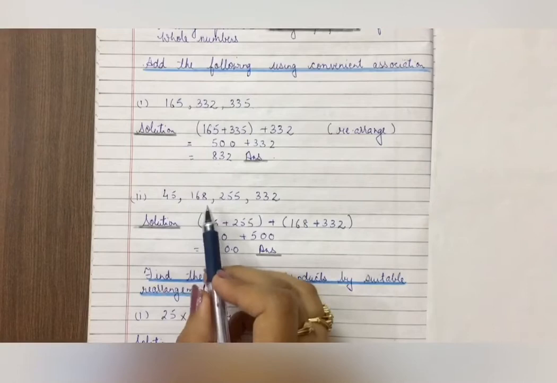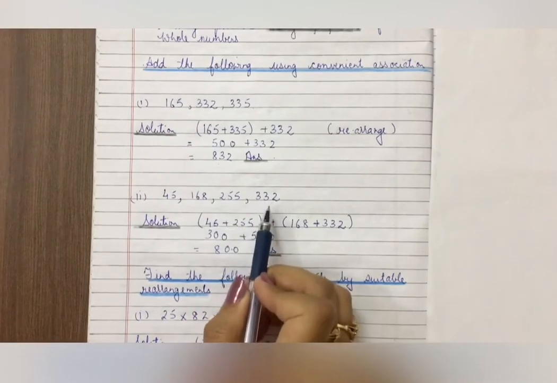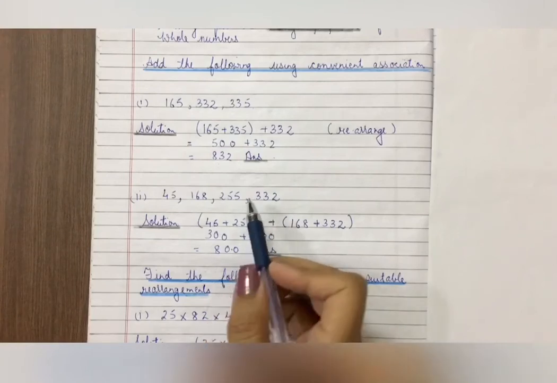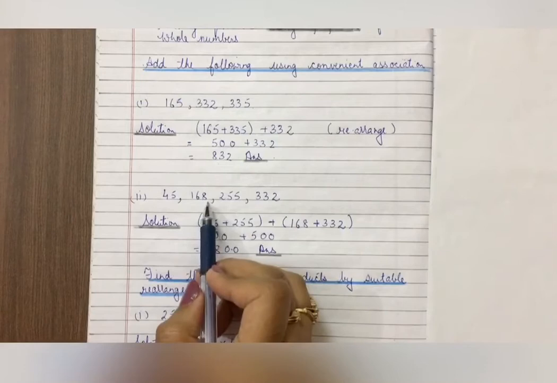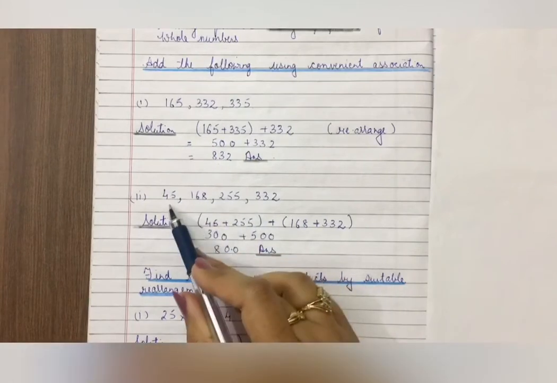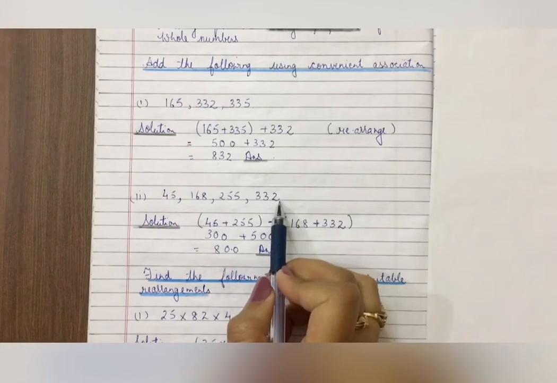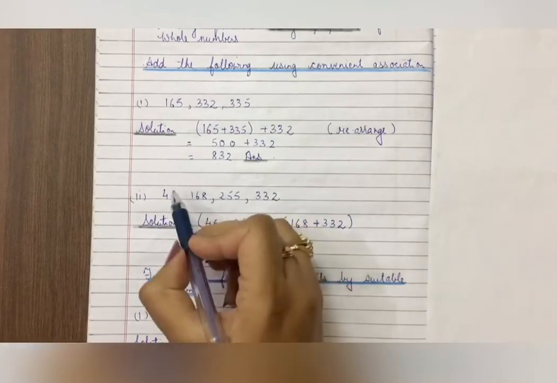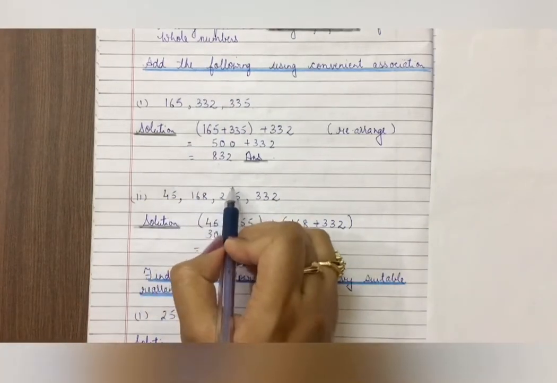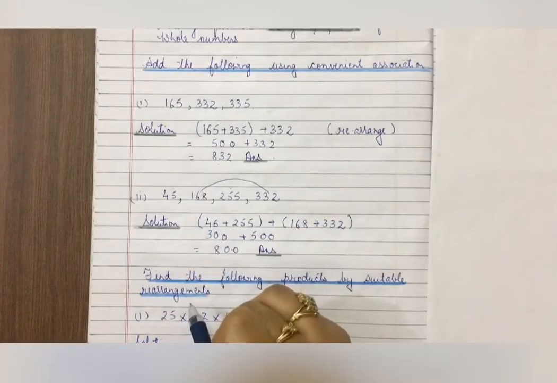I have taken up another example, 45, 168, 255, 332. Now if you see in this question, if I add 5 and 8, I will be getting a 3 as the last digit. If I add this 5 and 5, it will become a 10. 8 and 2 will again become a 10. So I will group 45 with 255 and 168 I will group with 332.